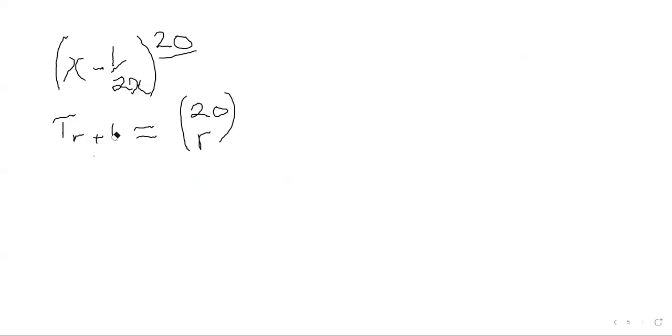And then next, it is x here, and this x is to the power 20 minus r. The next term, negative 1 over 2x, and everything that you have is to the power r like this.